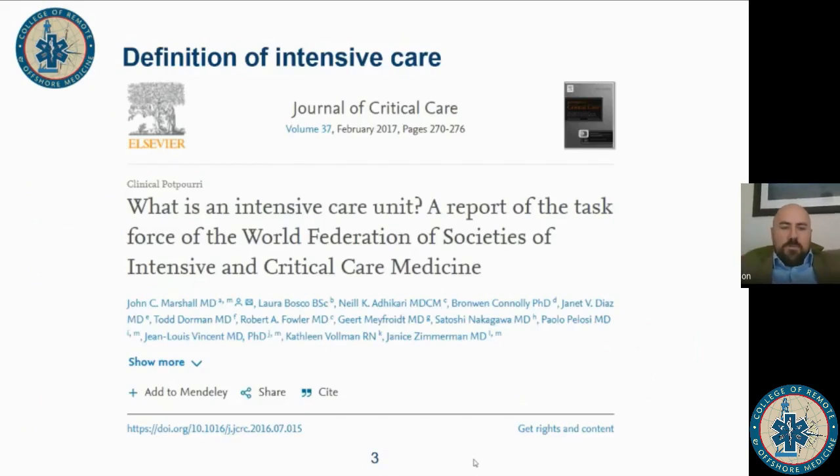So we'll define intensive care first of all, and good old Google, a quick search through the current literature.